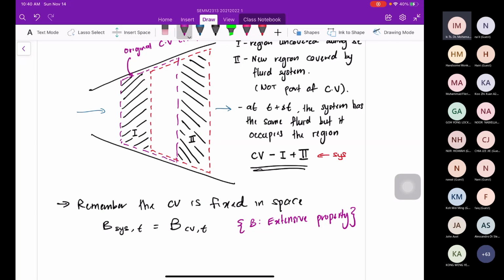So what are the things that do not change with quantity? Any idea? Density. Okay, density. The temperature and pressure, yes. The temperature also does not change with the quantity.